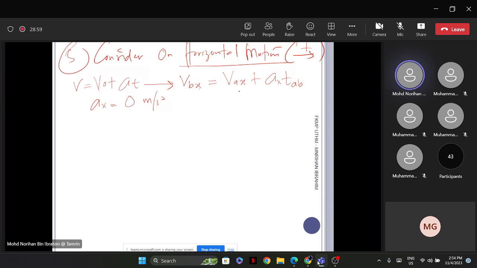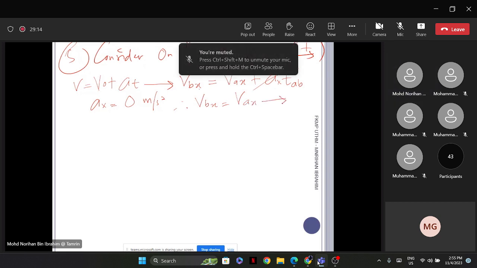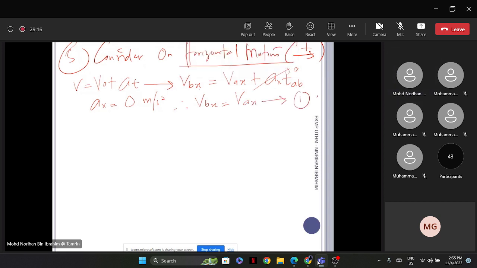So we have vbx equal to vax plus ax tab. Since ax is equal to 0, therefore vbx is equal to vax. So we got the first equation.